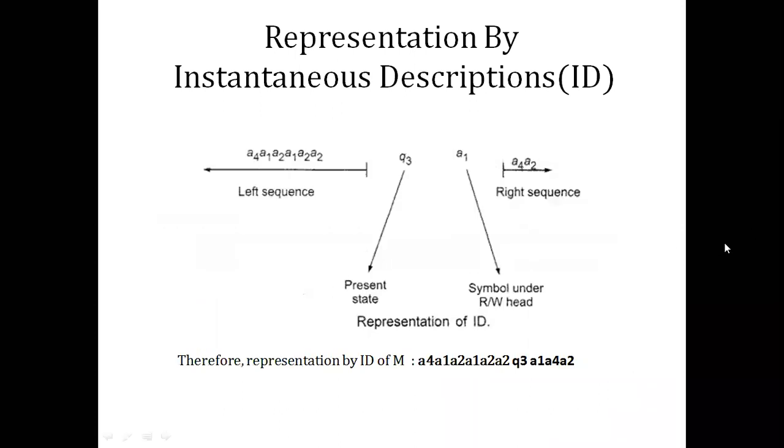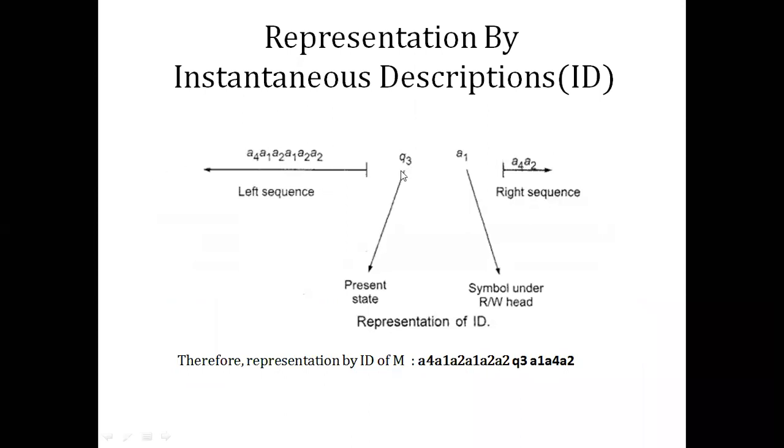So we actually write it like this. If you look at the bottom here, we write the entire string on the left hand side of that particular symbol under the tape head, that is A1. Right now A1 is under the tape head, Q3 is the state, so we divide it likewise.